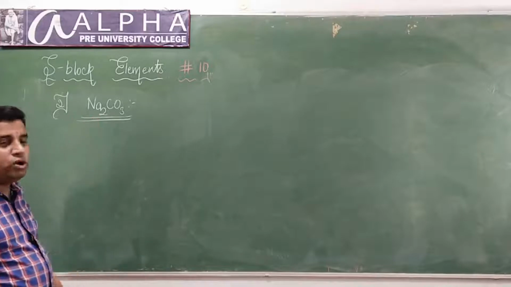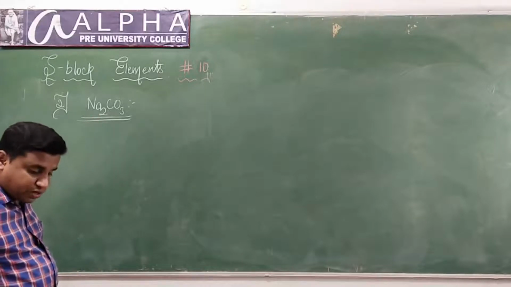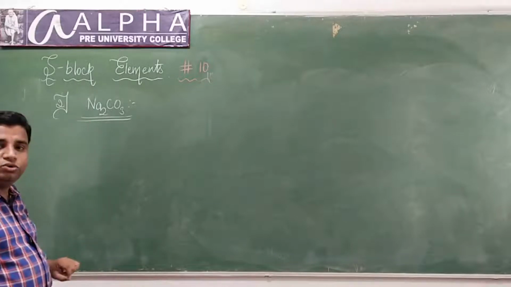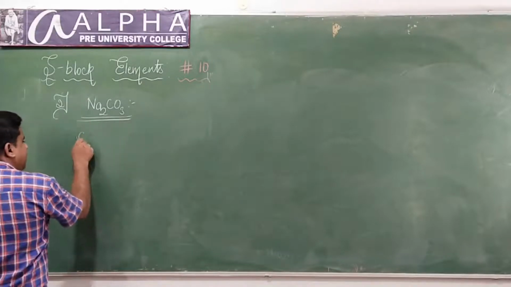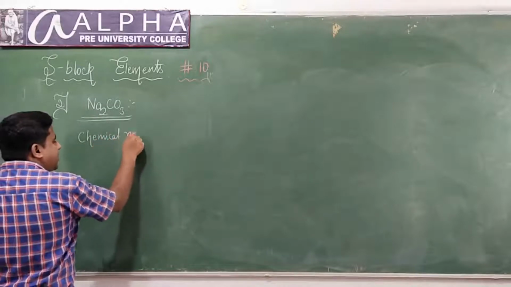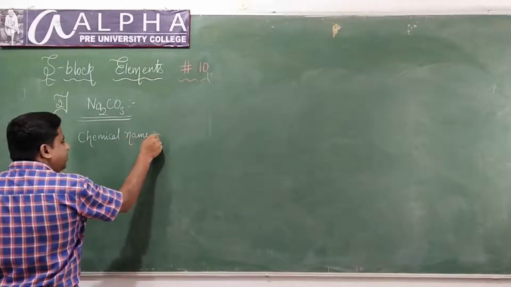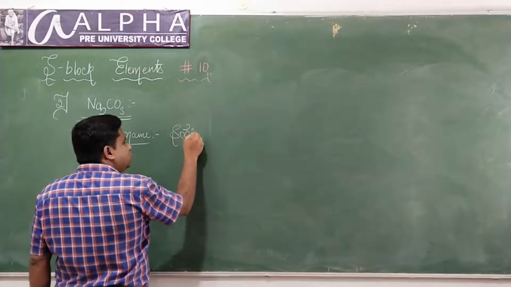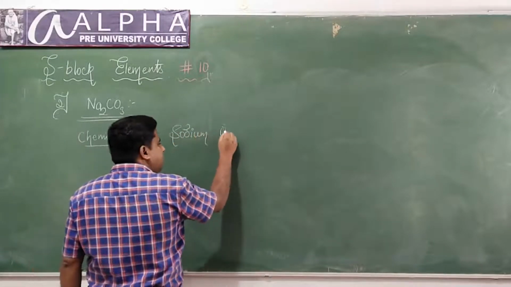By the way, what is the chemical name of Na2CO3? The chemical name of Na2CO3 is sodium carbonate.